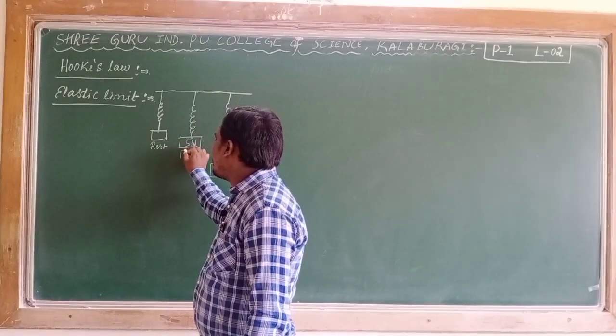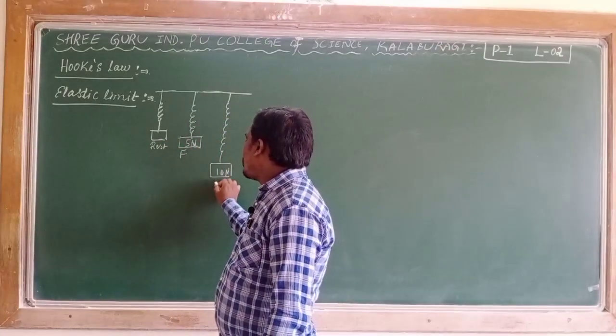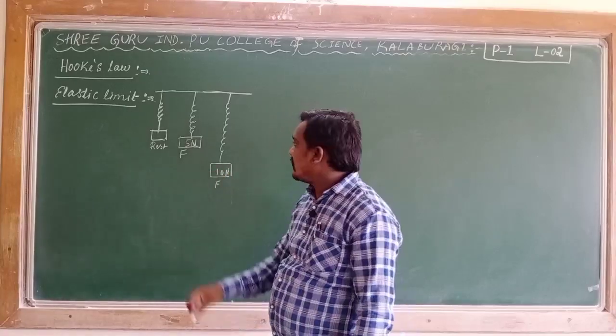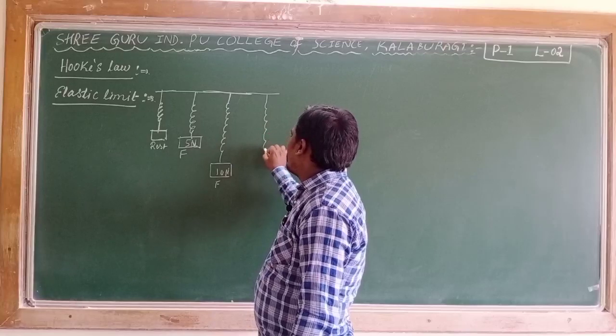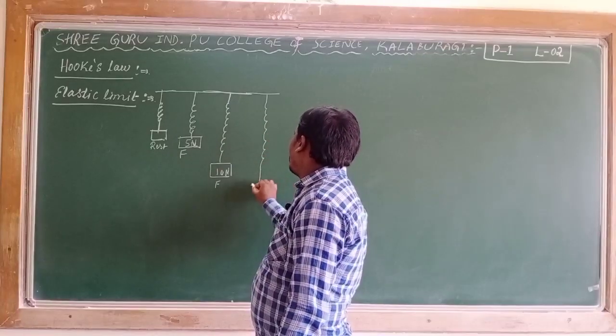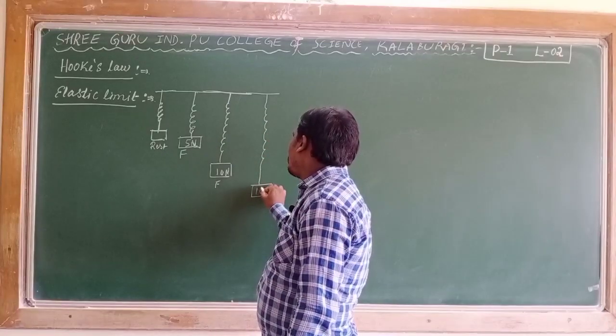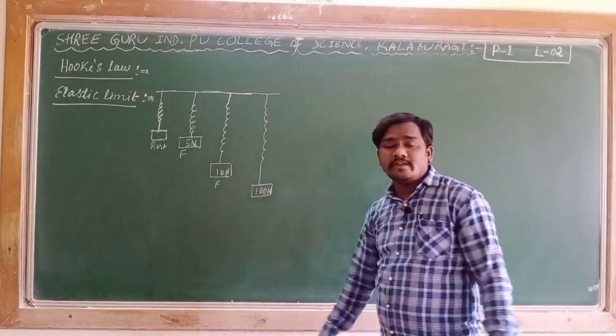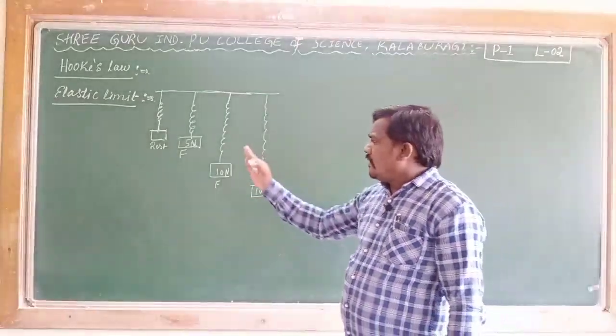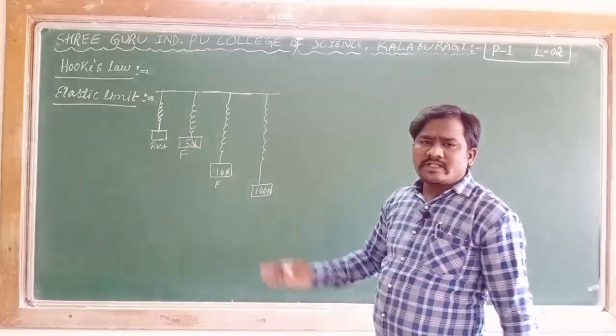Now here the force is 5 Newton, and now here the force is 10 Newton. Again we applied a certain force, let us consider 100 Newton. We are increasing the force continuously.